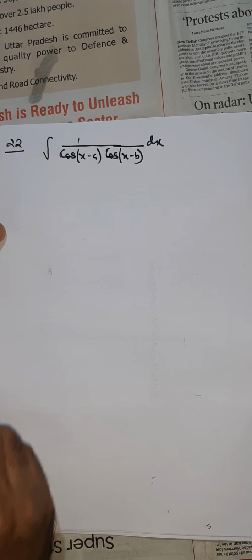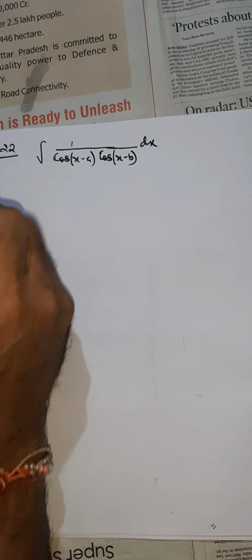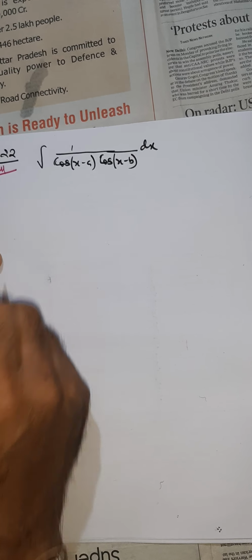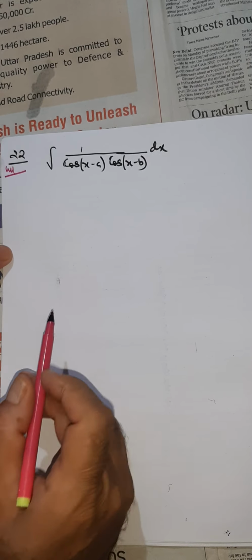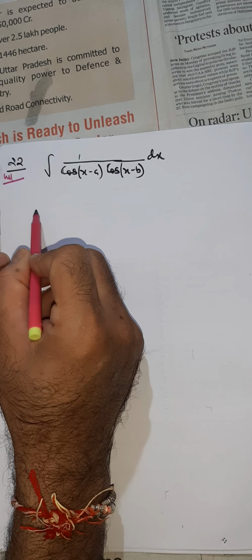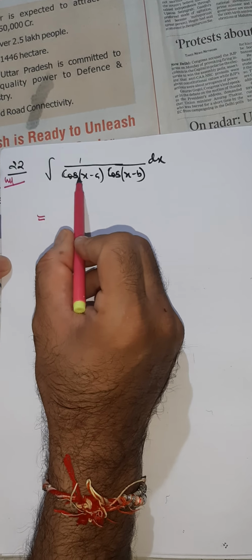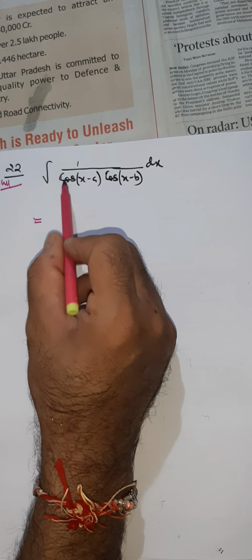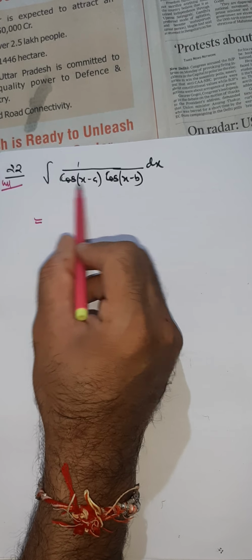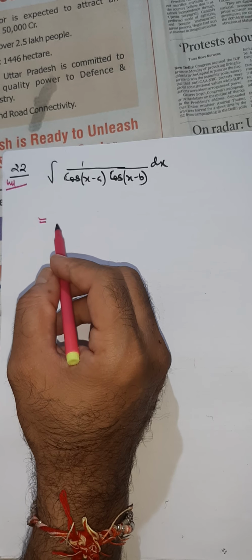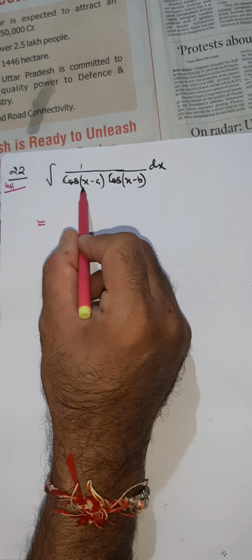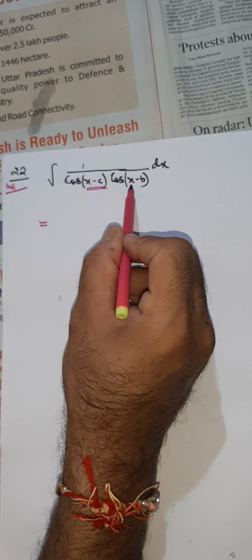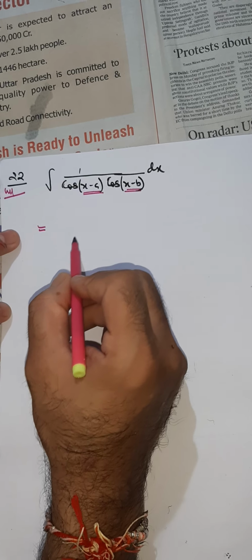Question number 22. This is a very important question here. What we'll do is here we have a product of two trig functions, but if you use the 2 cos formula, you'll get the addition, so you won't get anything. So here I'll try to set these two angles in the numerator.